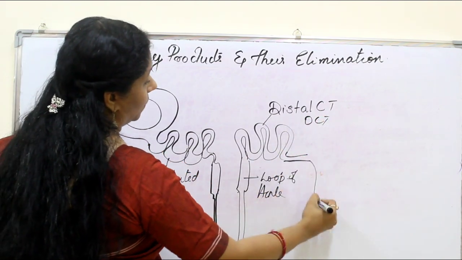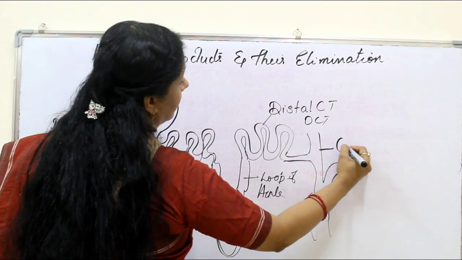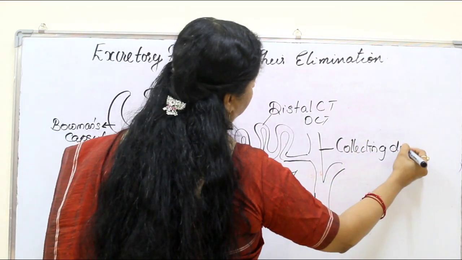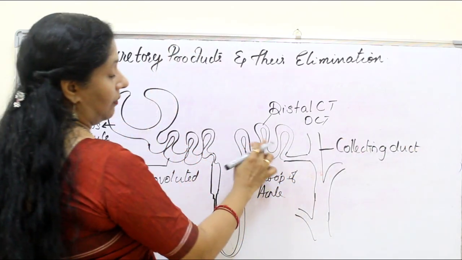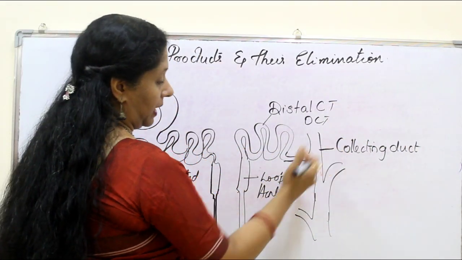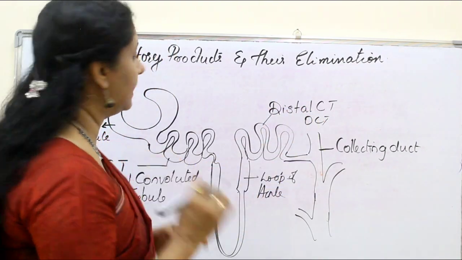This opens into a tube called a collecting duct. Here one DCT is opening, and this branch shows another DCT opening here. So many nephrons will be opening to a single collecting duct.